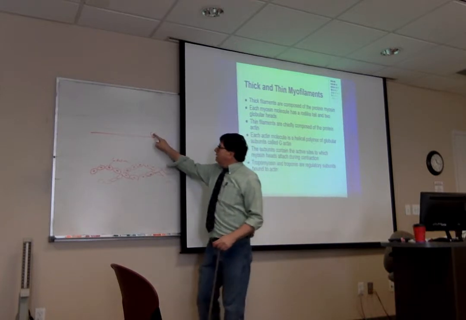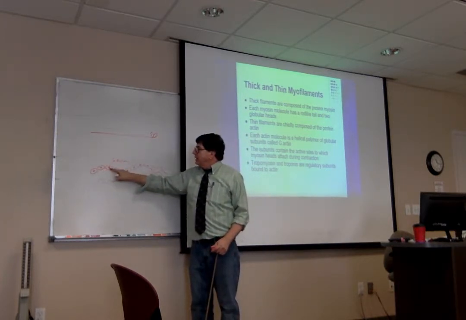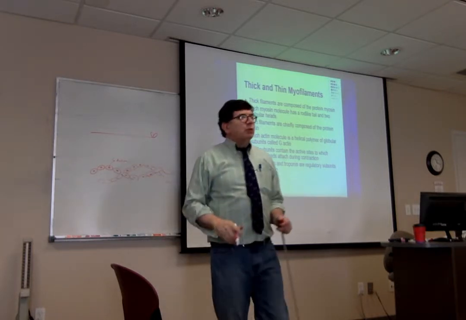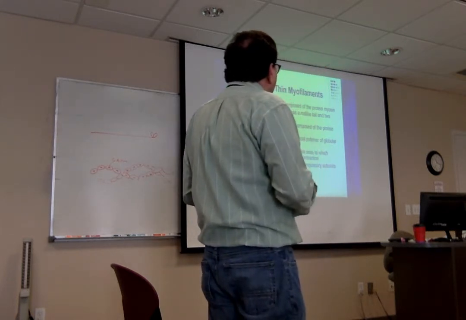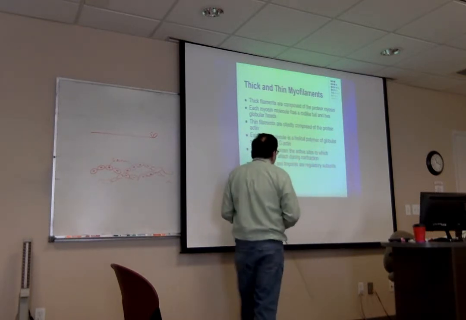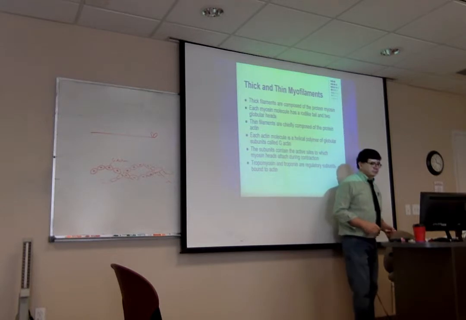These globular heads of the myosin molecules are going to be attracted to these active binding sites on actin. So during muscle contraction, they're going to link up and form what's called a cross bridge. Tropomyosin and troponin are regulatory proteins that are going to coordinate this contraction.